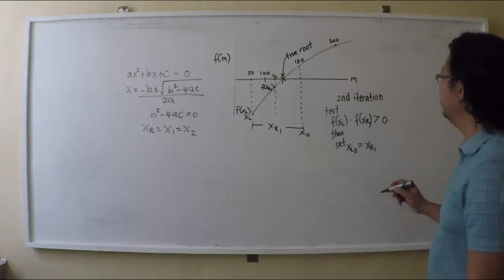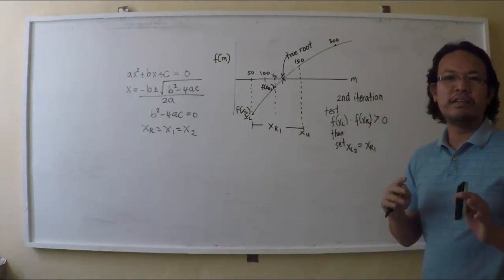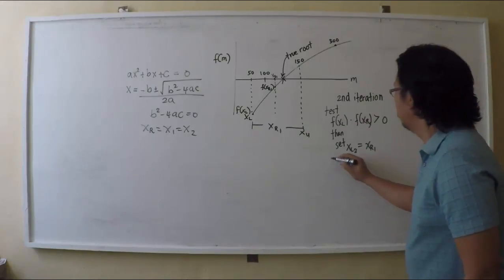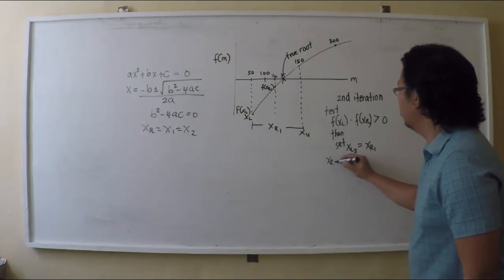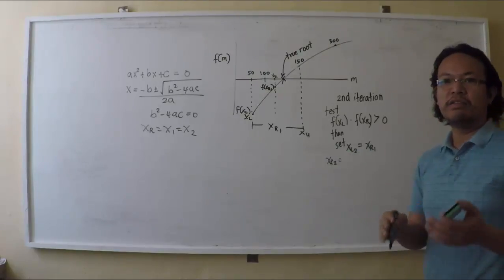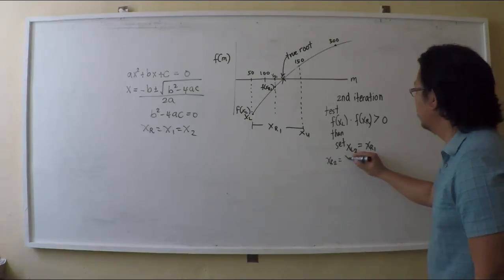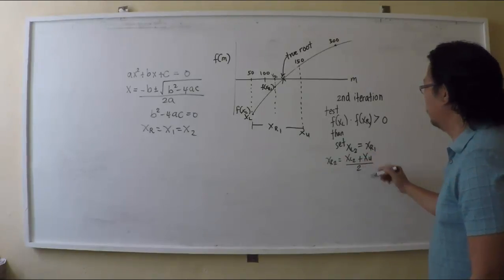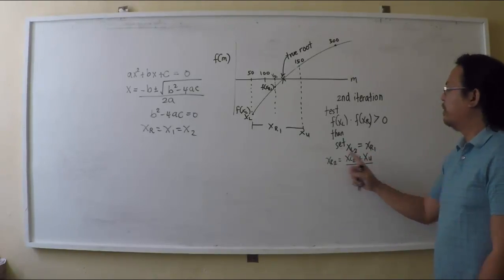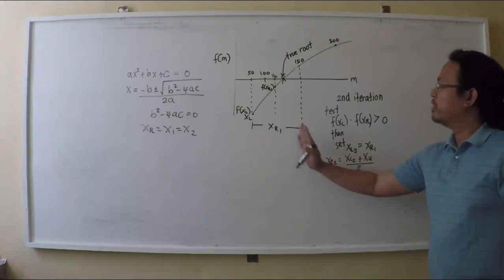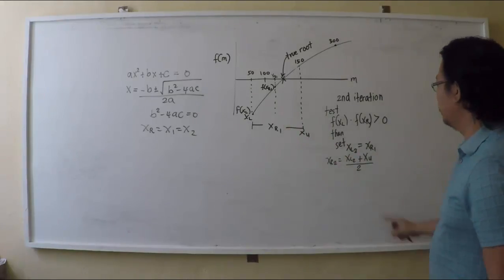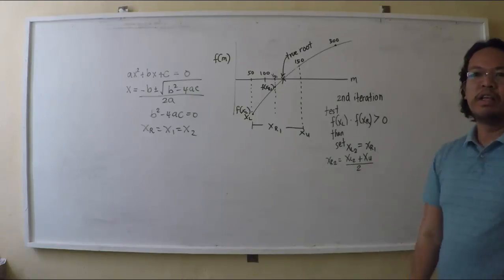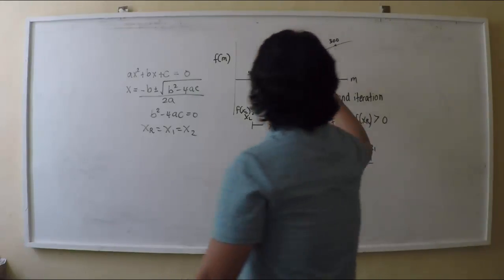So let's see what will happen. In the second iteration, xr2 is equal to xl2 plus xu over 2. The upper boundary will never change, but the lower boundary now is changed. Now, where is that in our example?